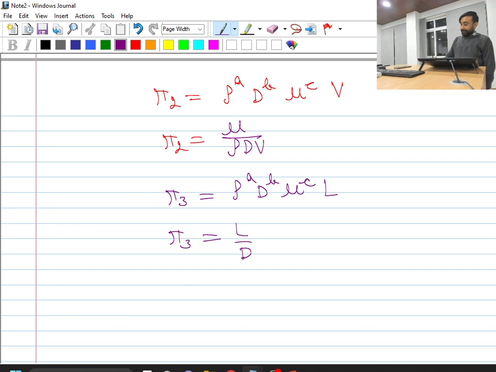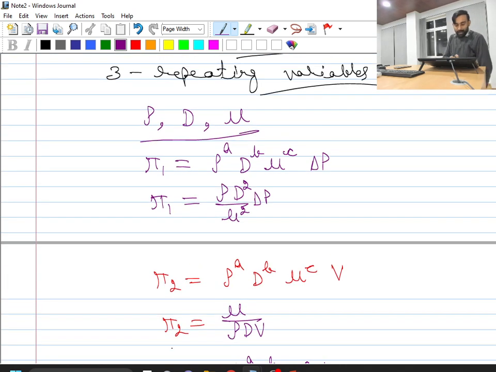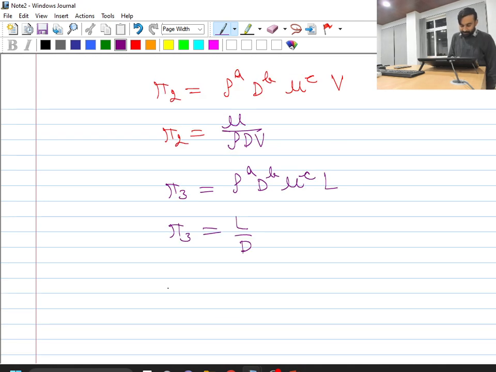So ultimately, I have got the 3 dimensionless quantities, and my interest is that delta p, I want to see its relation. So ultimately, I will be keeping delta p as the output parameter. So I will be writing pi 1 is equal to function of pi 2 comma pi 3.